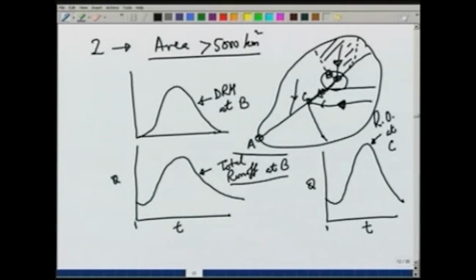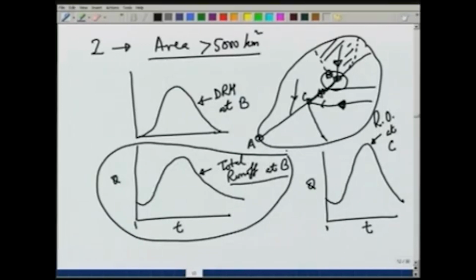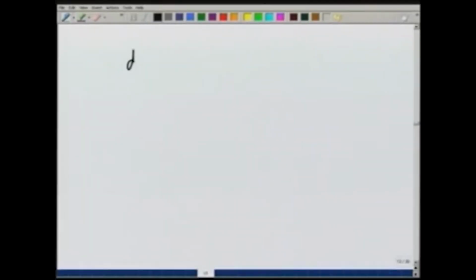Here, let us look at what we do once the flow reaches the point B. So, we know what is the inflow at point B. The equation which we use now is same as what we have derived earlier, that net inflow should be equal to the rate of change of storage. So, ds by dt equal to I minus O.